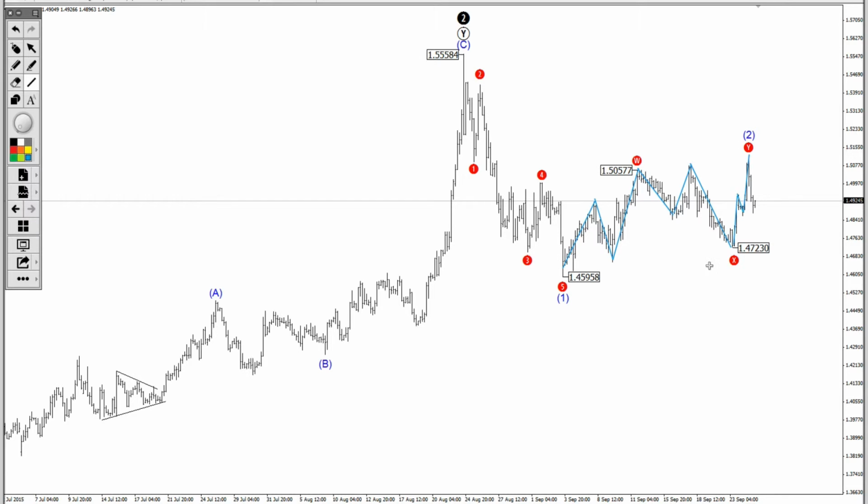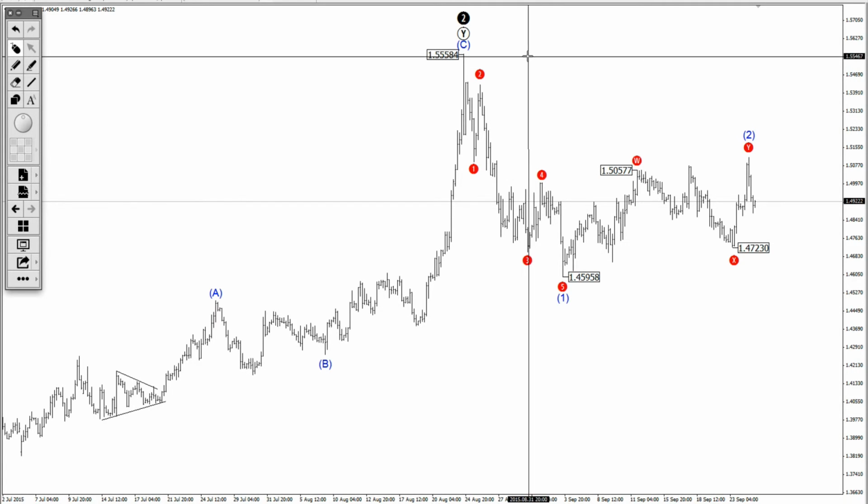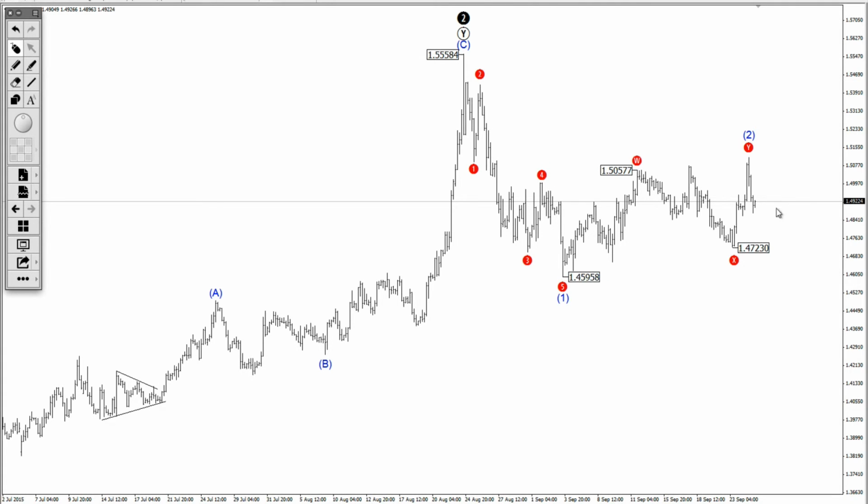And now quite a strong decline, and in my wave count a continuation for the decline, and a minute wave 3 would be the next wave down. This should be more powerful than the first wave, and we can see that the drop from 155.58 to 145.95 is 960 pips approximately.